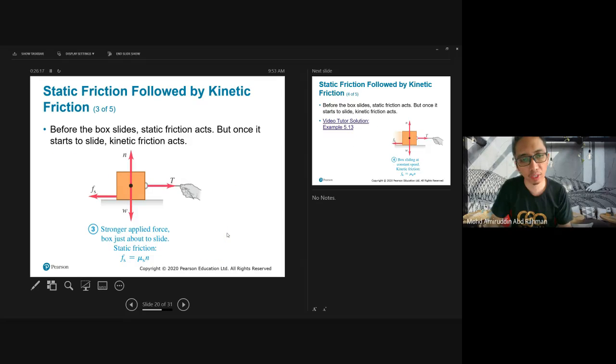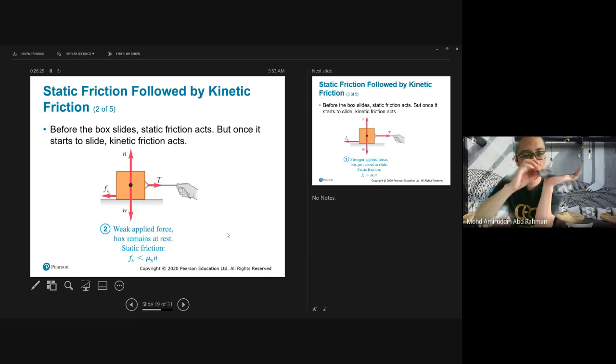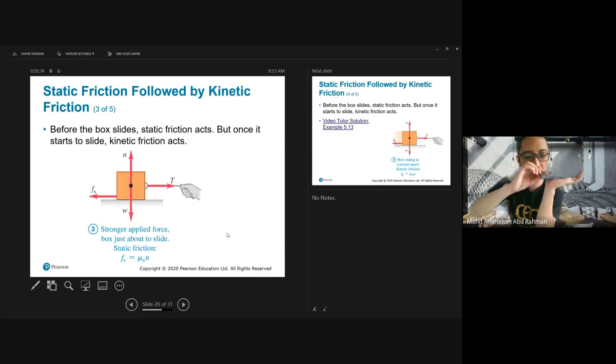So we have another moment. Okay, look back over here. So we have this moment before this. When I put a weak force, it's not moving at all. So over there, Fs is still static friction, less than mu s N. So this is the maximum of static friction where it is about to move.